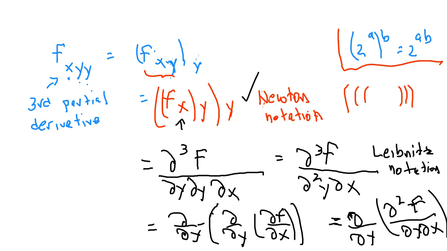And the reason we need these higher derivatives, well, remember when you learned about Maclaurin polynomials and Taylor polynomials back in calculus 2? If you want to approximate a function at a point using a polynomial, you could do a first degree polynomial, second degree polynomial, third degree polynomial, and so forth.